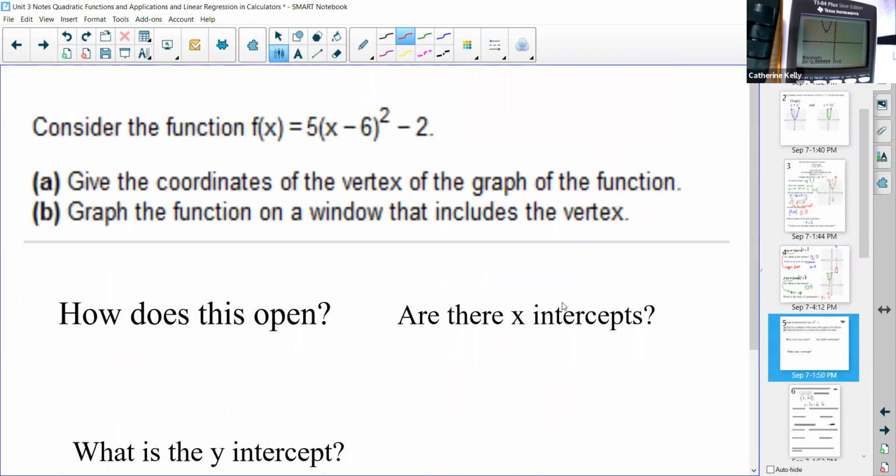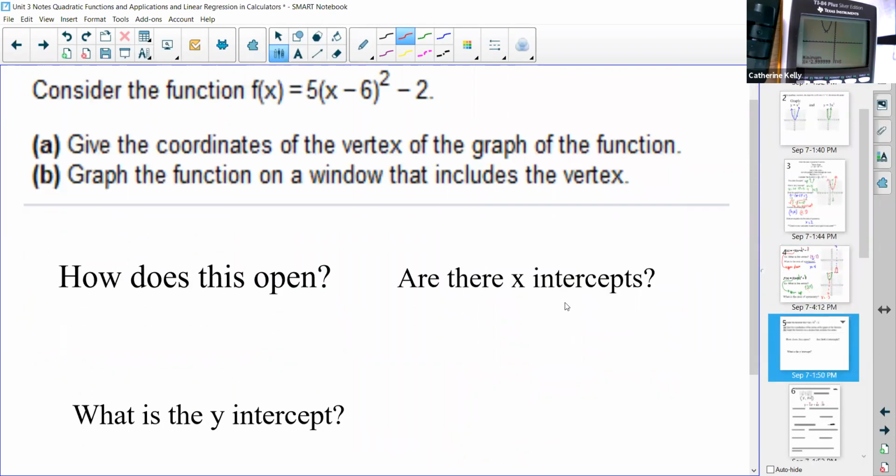Okay. So consider the function f of x is 5 times x minus 6 squared minus 2. Give the coordinates of the vertex of the graph and graph the function in a window that includes the vertex. So the vertex, how does this open? We think about it. It opens up because 5 is positive.